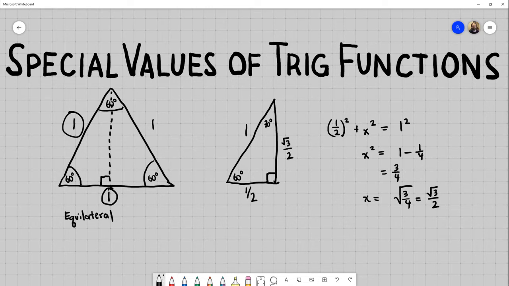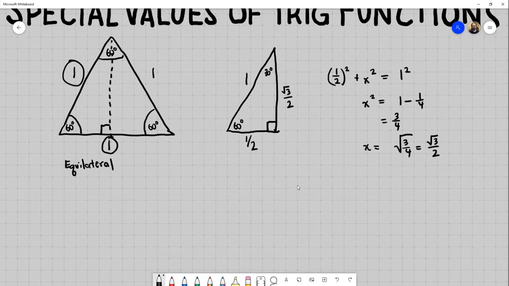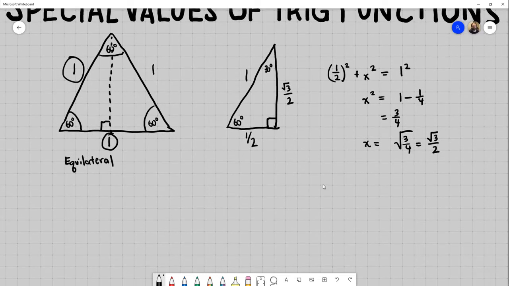And now we can start to write down some of the values for our trig functions. So remember from our right triangle definitions, let's see, we're going to start with 60 degrees. Actually, let's start with 30 degrees.